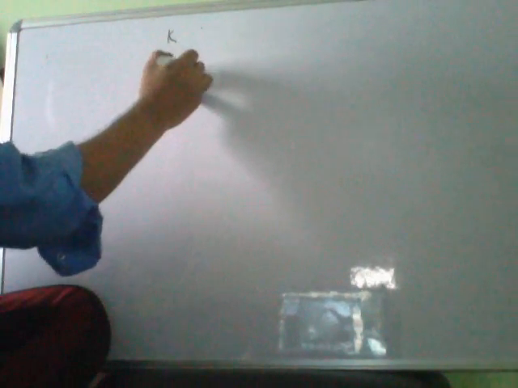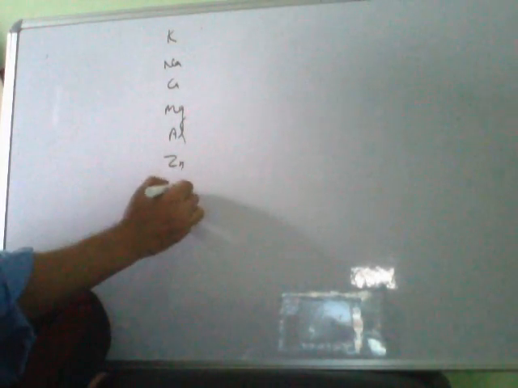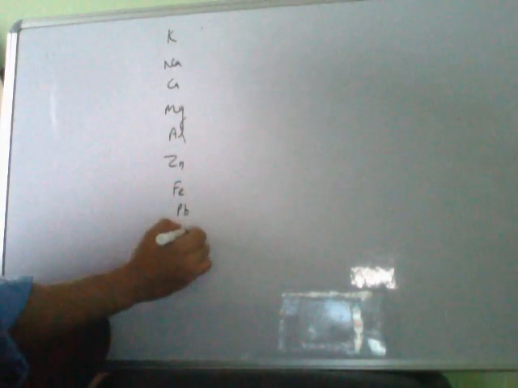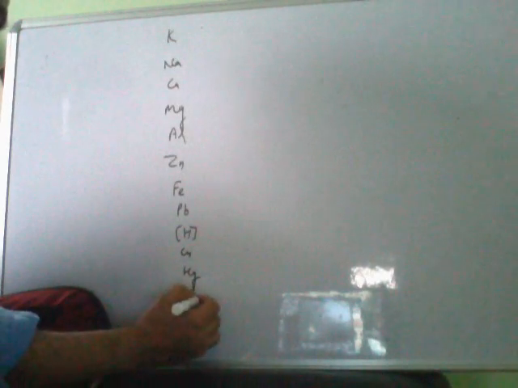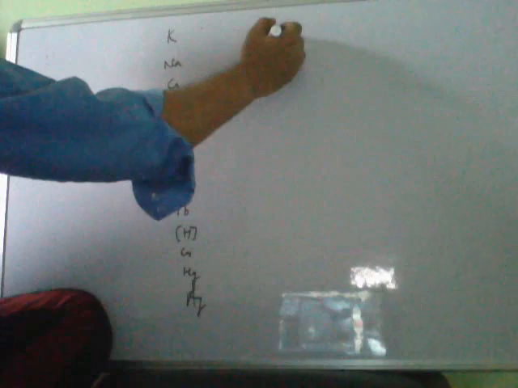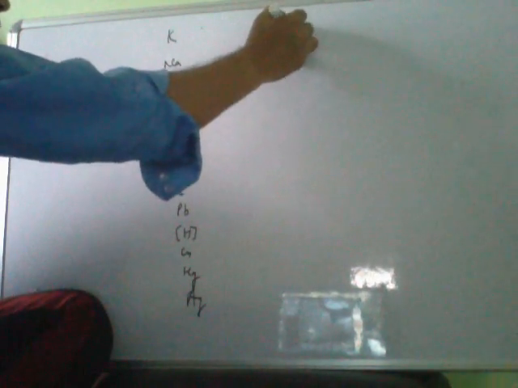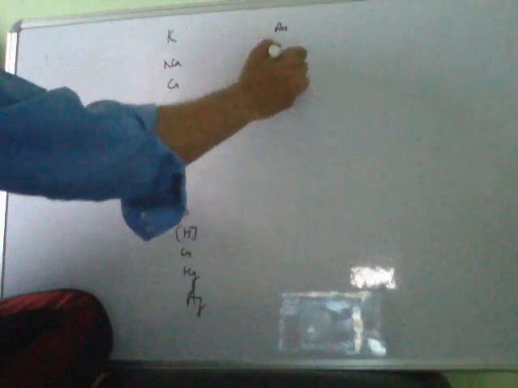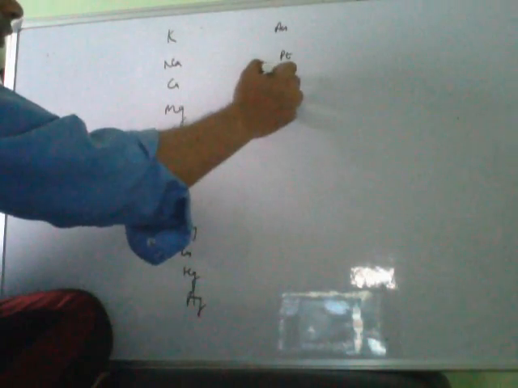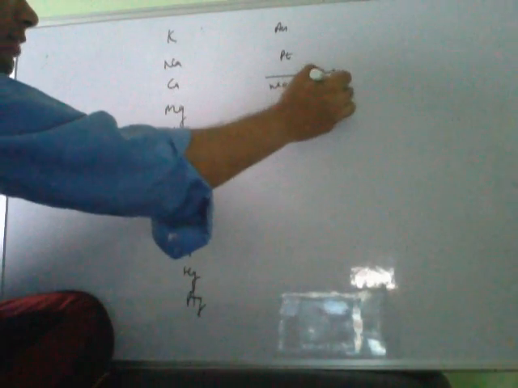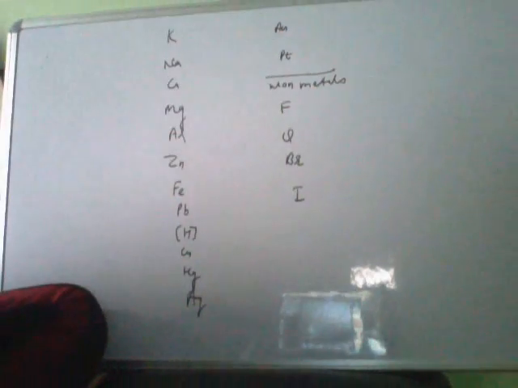Then sodium, then calcium, then magnesium, aluminum, zinc, iron, then lead, and here is hydrogen. Then copper, mercury, silver, and then gold and platinum. In the same way, for the non-metals: fluorine, chlorine, bromine, iodine. So this is the reactivity series.